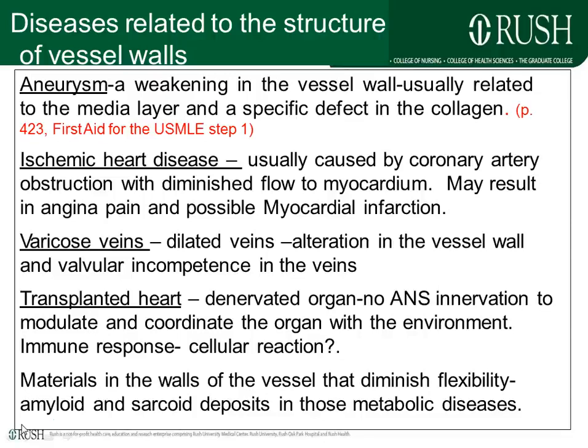Another common condition is varicose veins. This is where the veins become abnormally dilated due to an alteration in the vessel wall and sometimes valvular incompetence in the veins that prevent backflow. You can also have conditions related to transplantation of organs. In this case, there is no autonomic nervous system innervation that modulates and coordinates the organ within the entire environment.